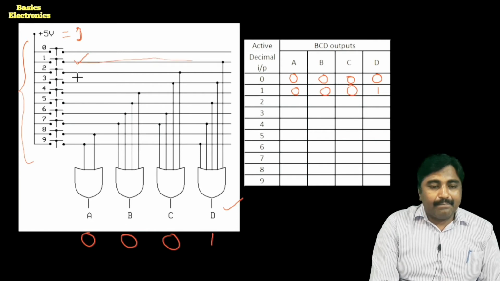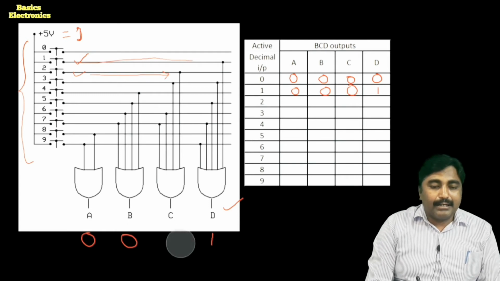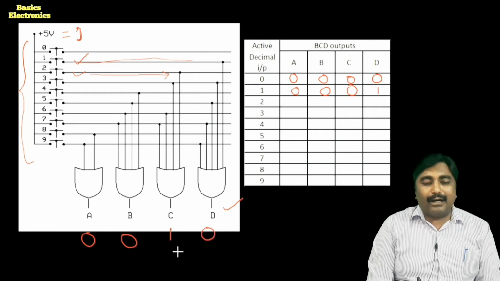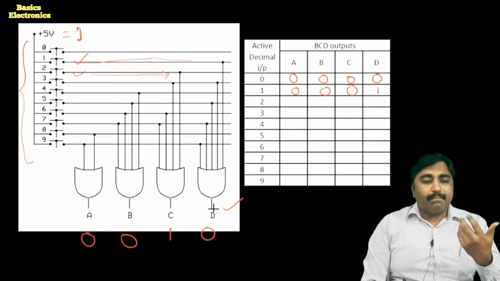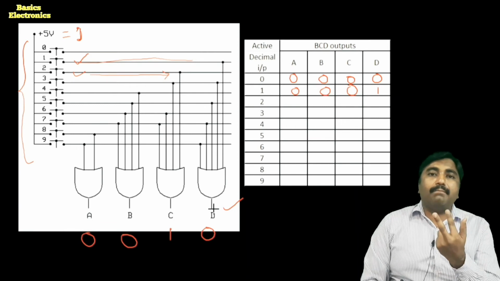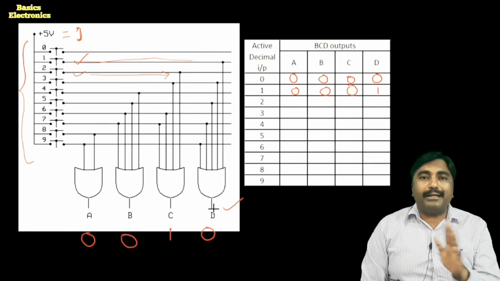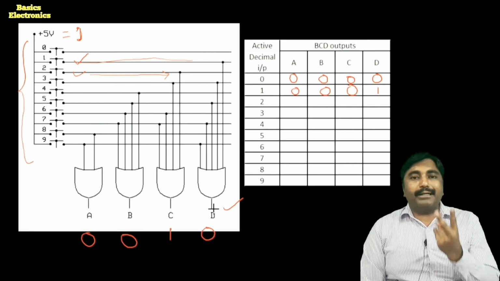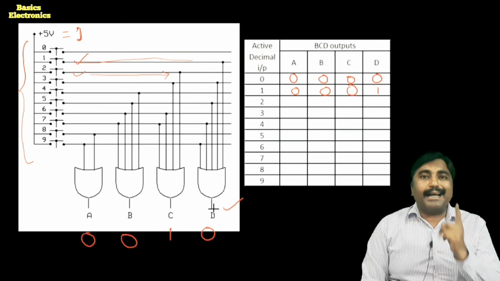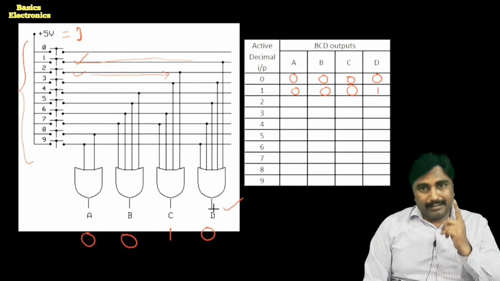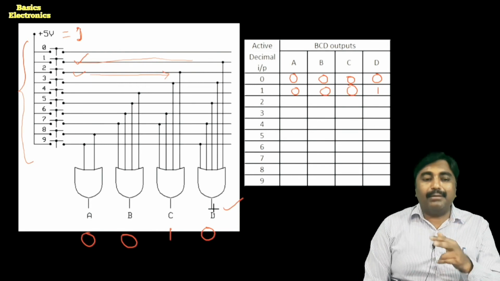The switch number 2 is connected only to the third gate having the output C. So C is equal to 1, and all remaining gate outputs are 0, because we are pressing only one switch, and that switch is assigned for the decimal digit 2.